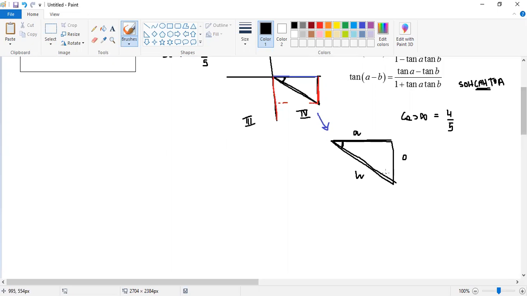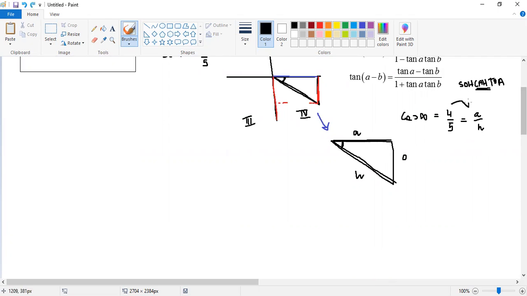Now, for this angle, which we can think of as a triangle, the cosine is the adjacent over the hypotenuse. So really, I can say that since the cosine of some angle in quadrant 4 is 4 over 5, then the adjacent over the hypotenuse for that triangle, which is a over h, is in fact identical to this.